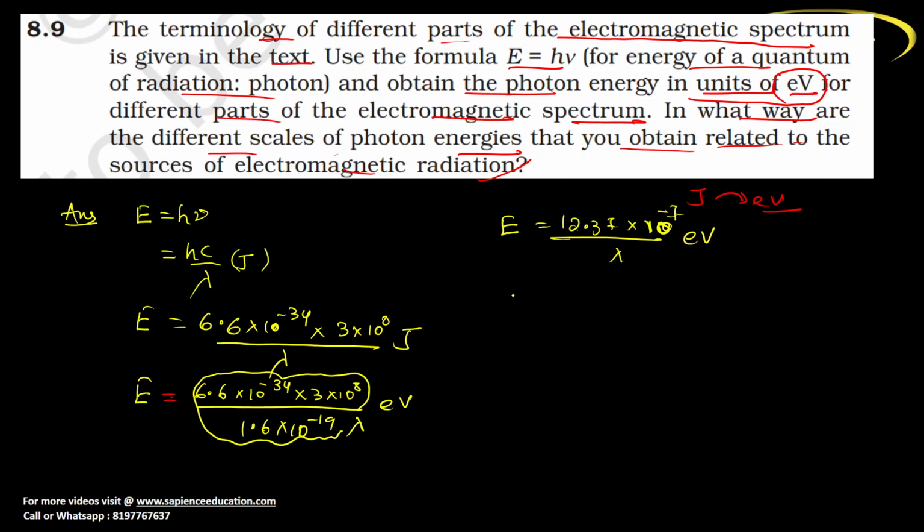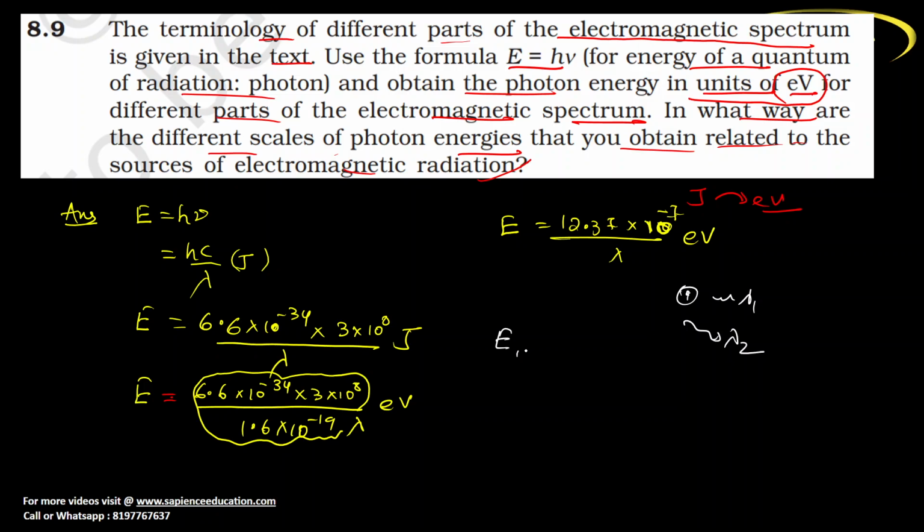Got it? Now, in what way are the different scales of the photon energy that you obtain related to the source of electromagnetic radiation? Let us suppose there is a source 1 with wavelength lambda 1, and source 2 has lambda 2.